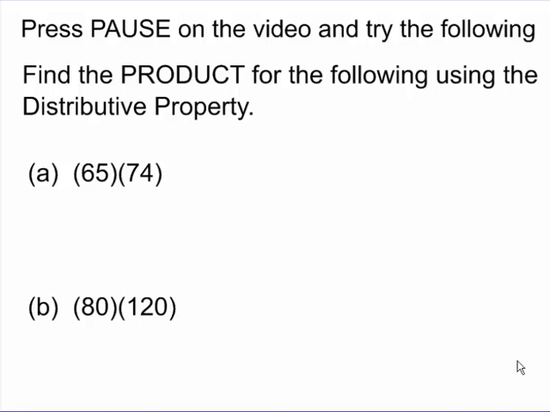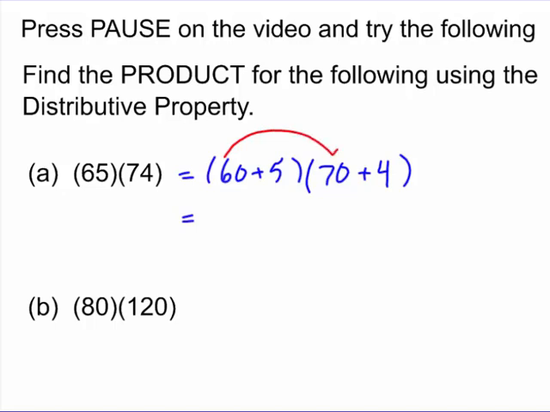Okay, welcome back. So let's tackle these two problems. I'm going to break down the 65 times 74 into 60 plus 5 times 70 plus 4. So I should end up with 4 terms on the next line after I do my distribution. So I'm going to have 60 times 70, and that gets me 4,200. 60 times 4 is an additional 240.